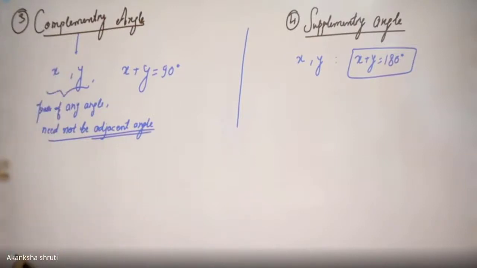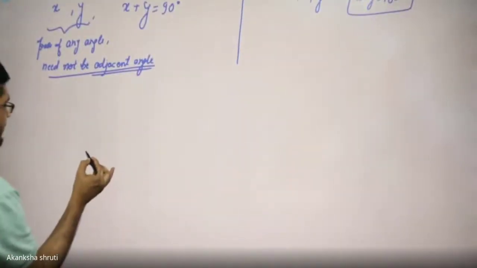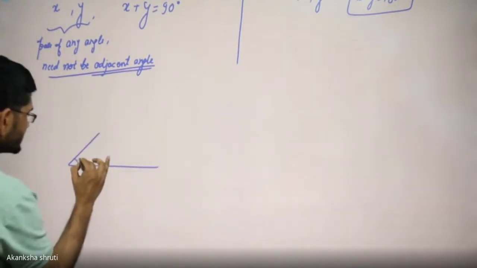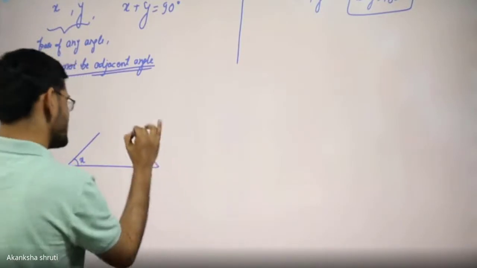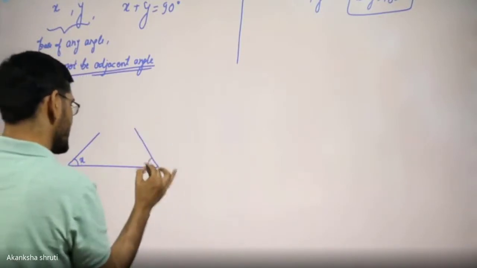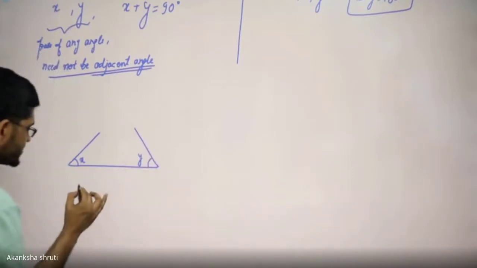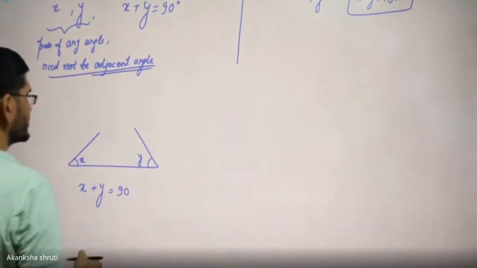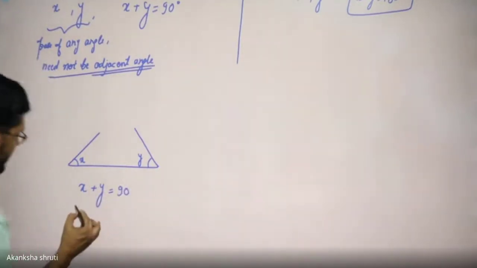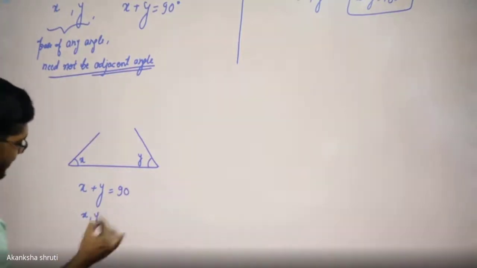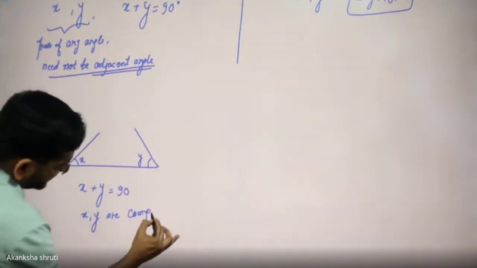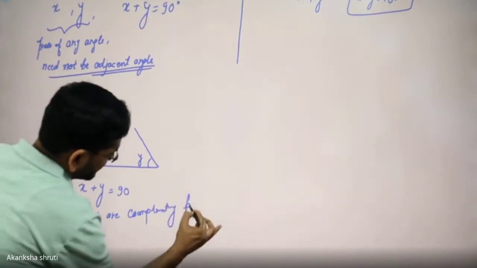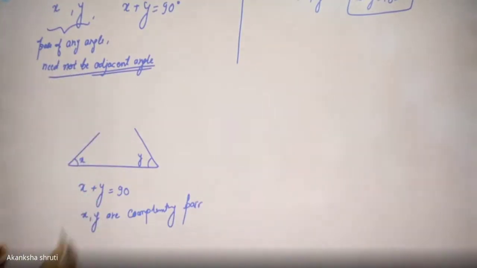Example, if we have two angles, consider one is this one, say this is X, and at another place we have this angle Y, such that X plus Y is 90 degrees, then this X and Y are complementary angles, or they are called a complementary pair.